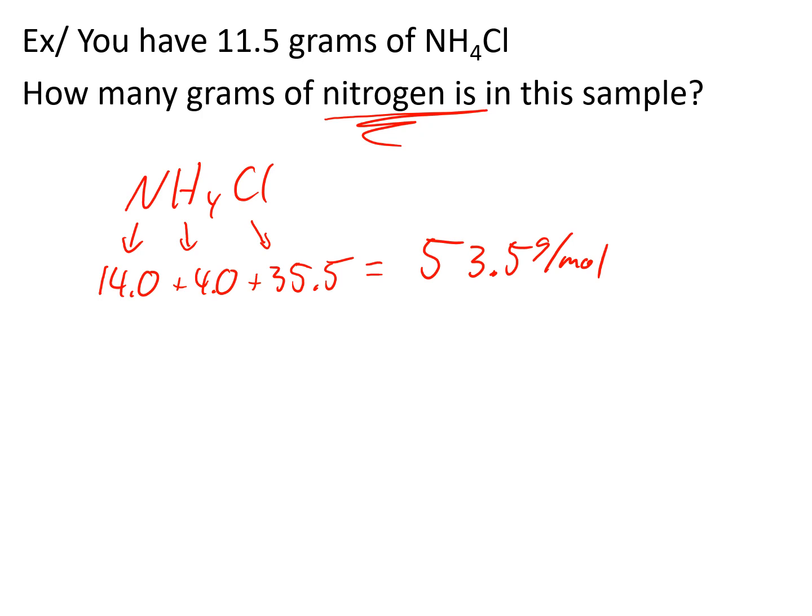Now, we only have one nitrogen that's present. So to find the percent composition of nitrogen, it's going to be 14 over 53.5.